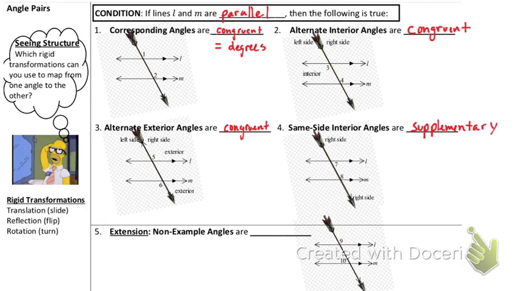Supplementary simply means they add up to 180 degrees. So in other words, angle 7 plus angle 8 should equal 180 degrees.